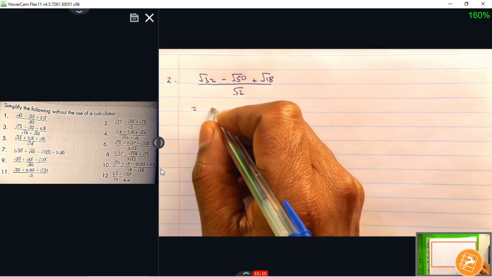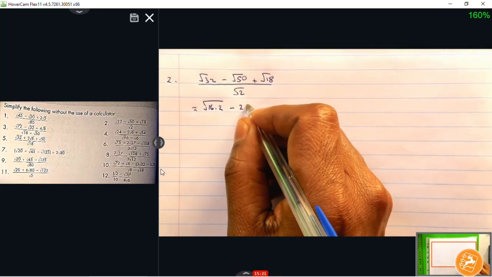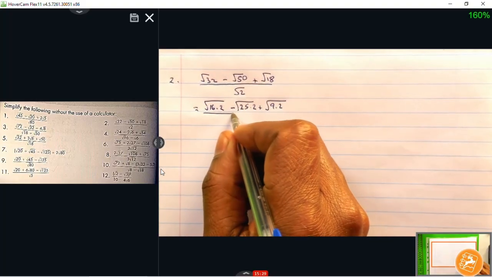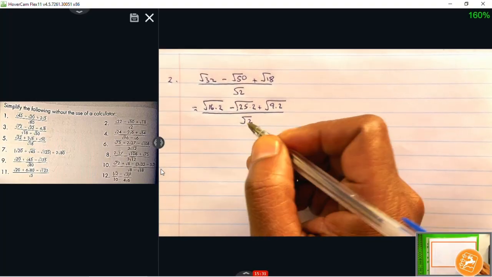Or you say, if I separate it into factors that have a 2 in it, what will this one be? This one will be 16 times 2. This one will be 25 times 2. Then this one will be 9 times 2 over root 2.